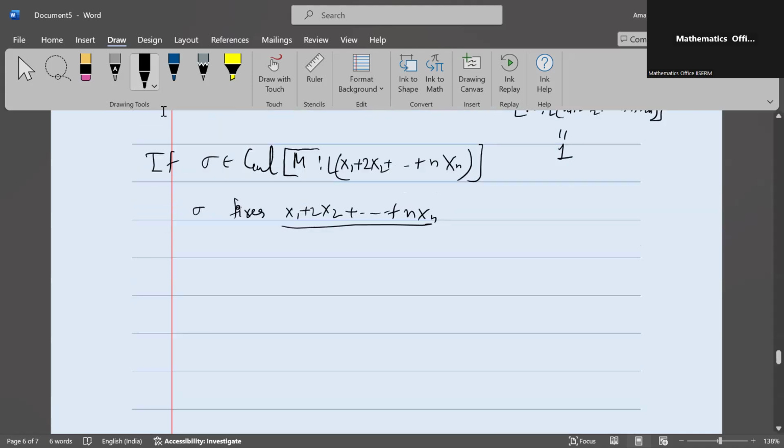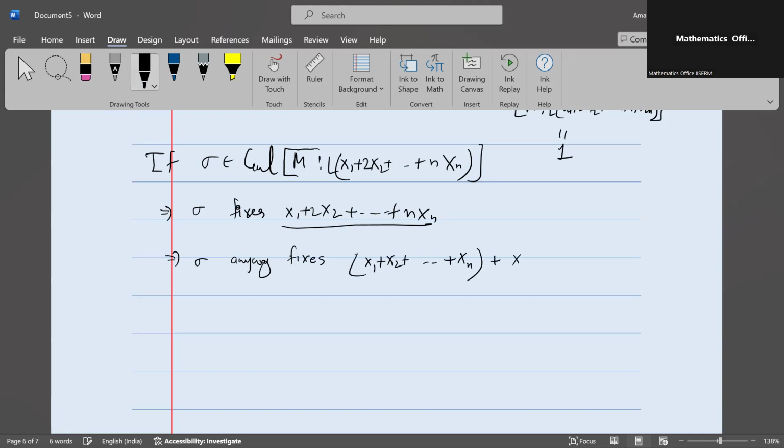Sigma already fixes x1 plus x2 plus and so on plus xn.